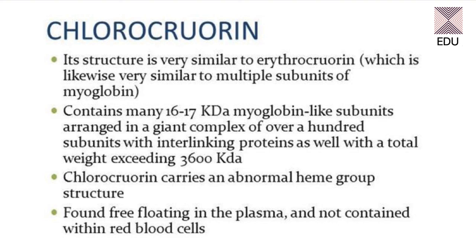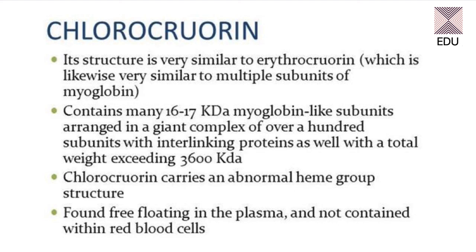Now the structure is very similar to erythrocruorin, which is likewise very similar to myoglobin. So it contains many 16 to 17 kilodalton myoglobin-like subunits. So it is very comparable to myoglobin in structure. Chlorocruorin carries an abnormal heme group structure. Why abnormal?